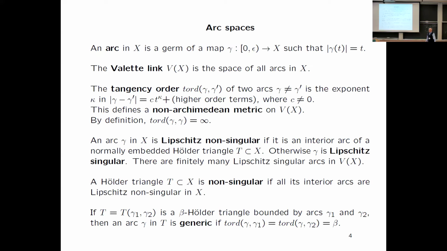But in the outer metric, as I mentioned, in the inner metric essentially you can choose the singular arcs, and all the classification is there. There is a graph: a link is a graph with vertices the singular arcs and edges the Hölder triangles connecting them.